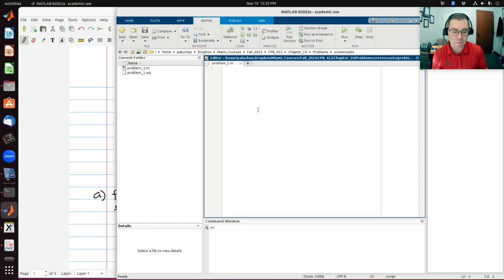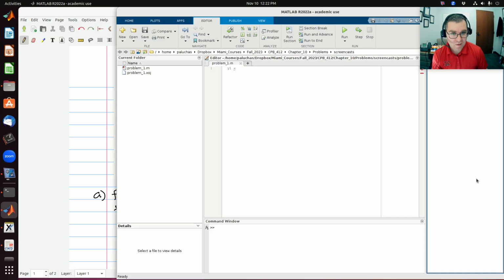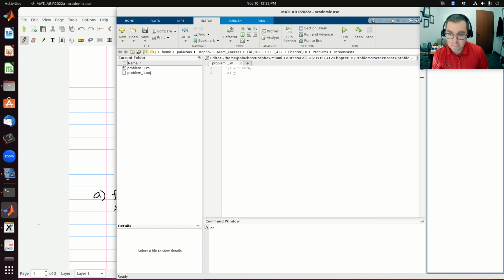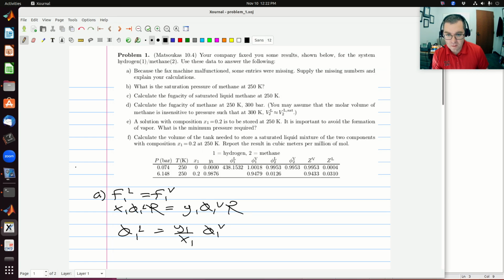Okay, so this is set up for problem 1. So y1 was equal to 0.9876. x1 was equal to 0.2. And then V1V was equal to 0.9479.